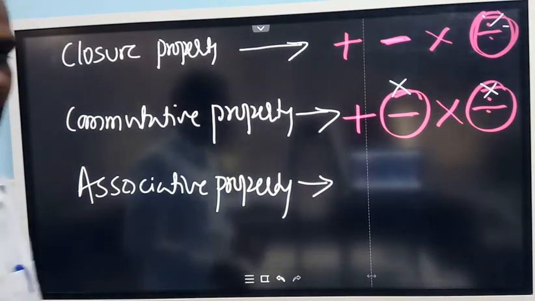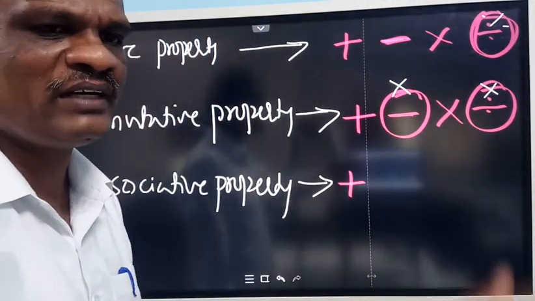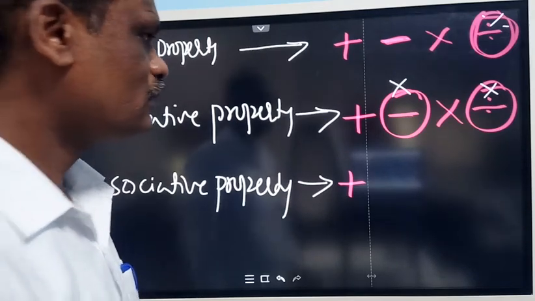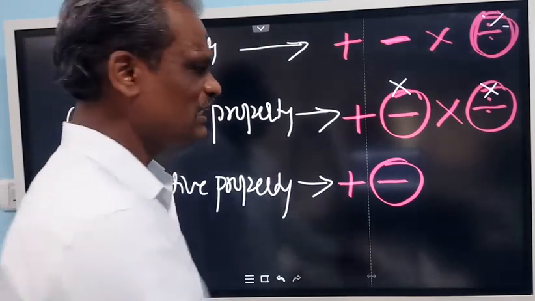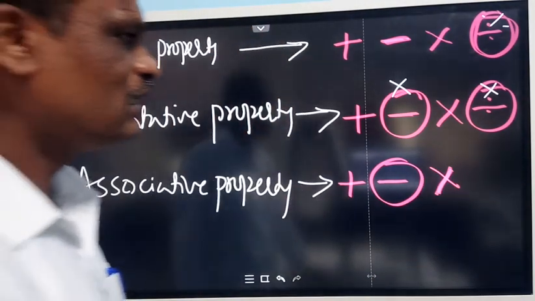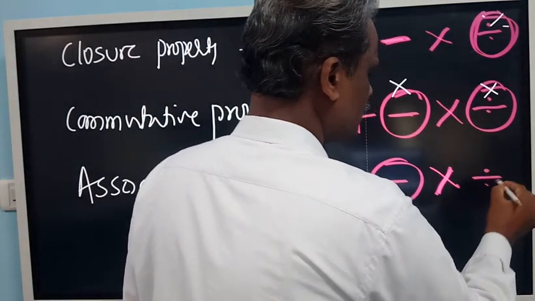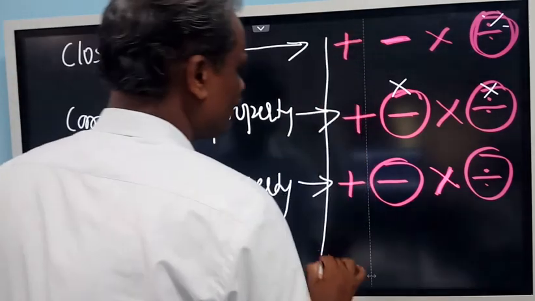Now associative property. Under addition, you can group them in any way, add them, no problem. Any way you can group. So subtraction, it is not possible. Multiplication, yes. Division, not possible. See, this is the summary of what we learned today.